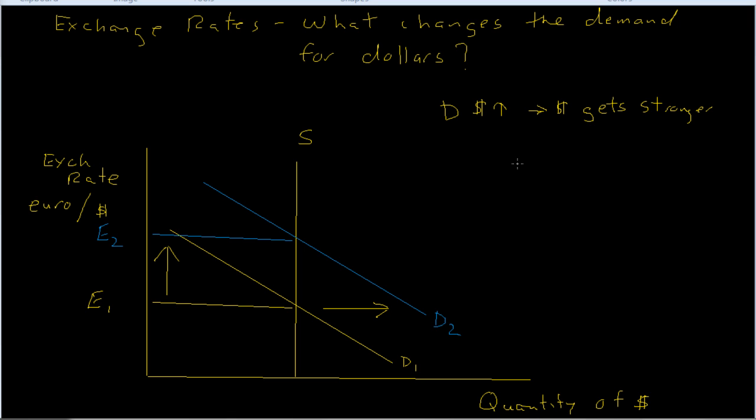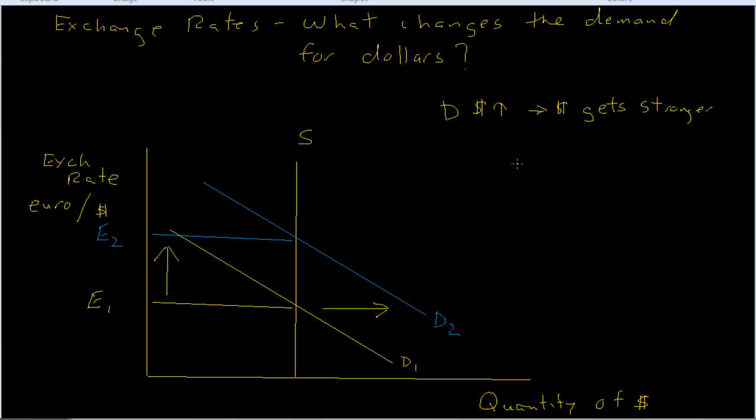And I noted in the previous video that a stronger dollar means it's cheaper for a US citizen to travel in Europe using euros. Okay, price goes down. It's cheaper to buy imports from a country that's selling in euros.